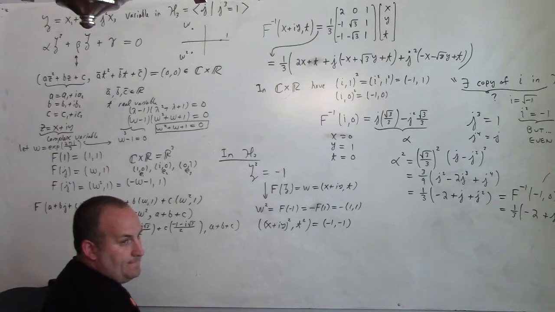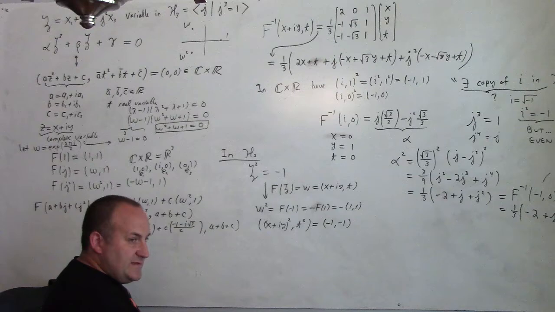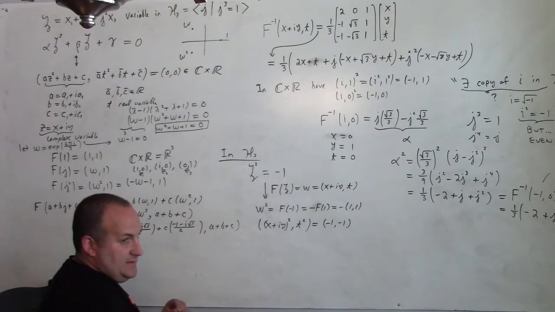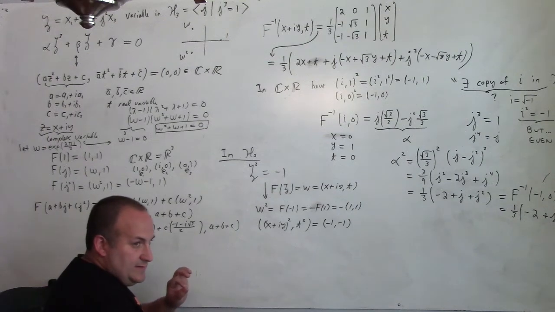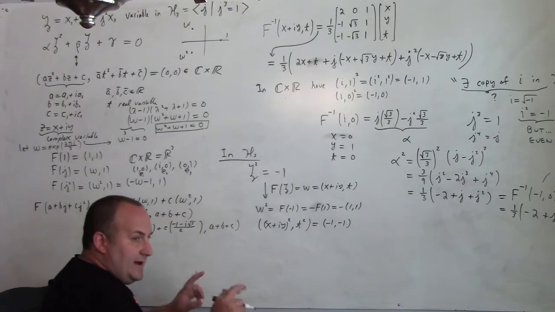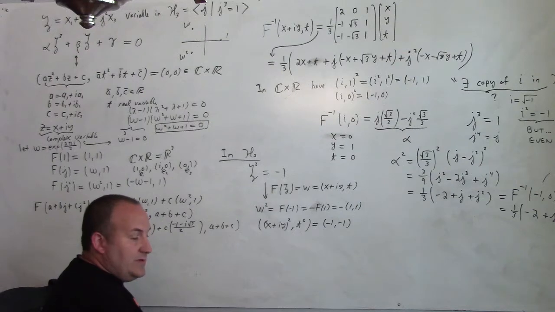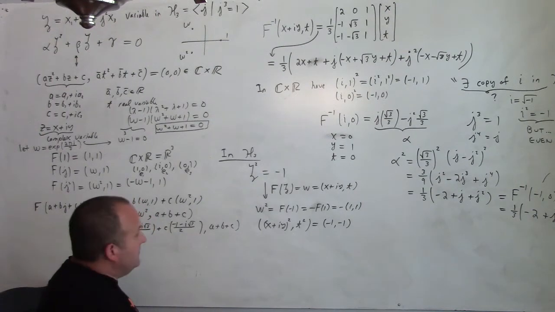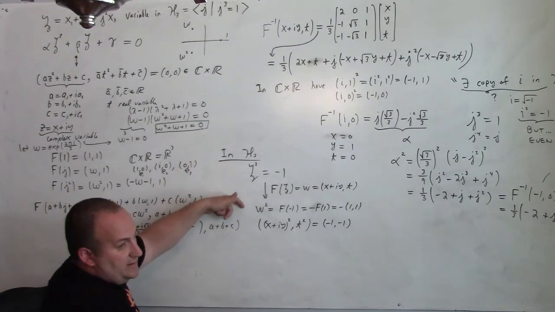T squared gets you a non-real number. That's right. We cannot do this because it's not possible to solve t squared equal to -1 where t is a real variable. So there does not exist an I in H3, or, for that matter, in C cross R.